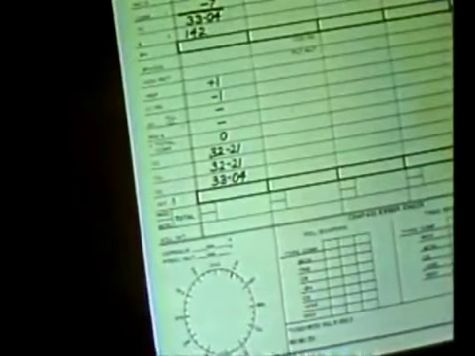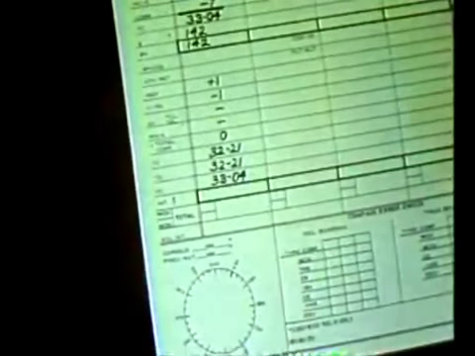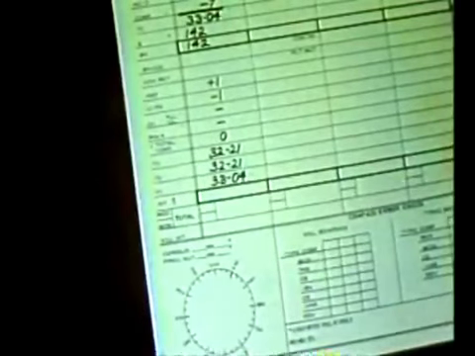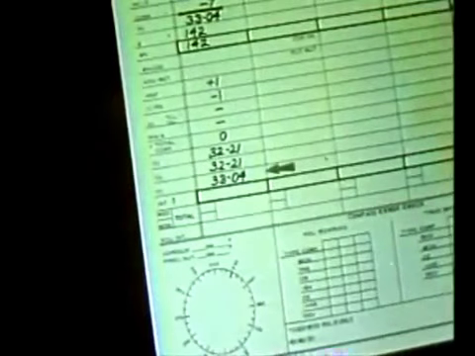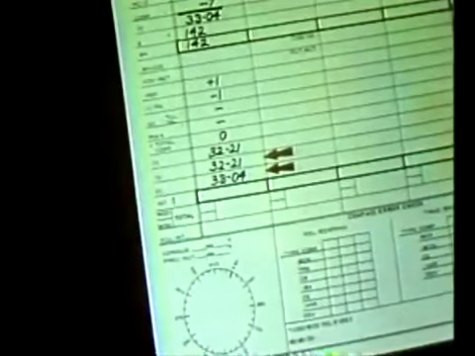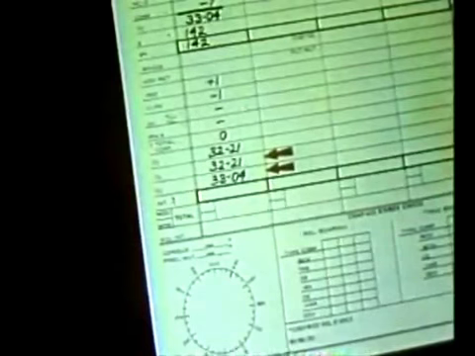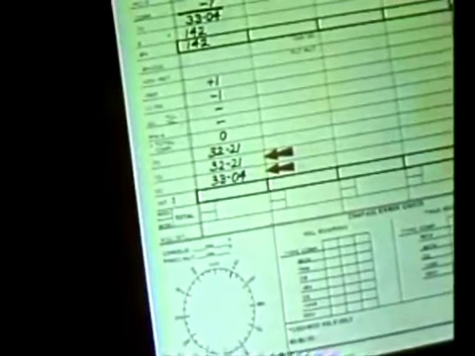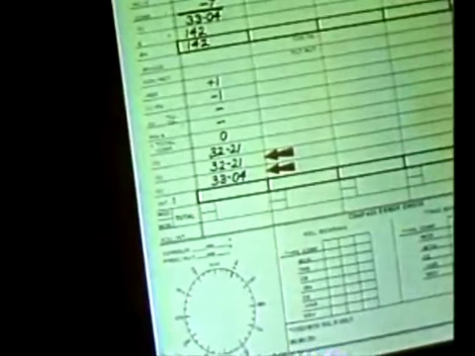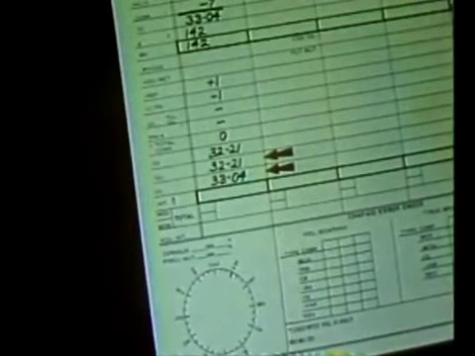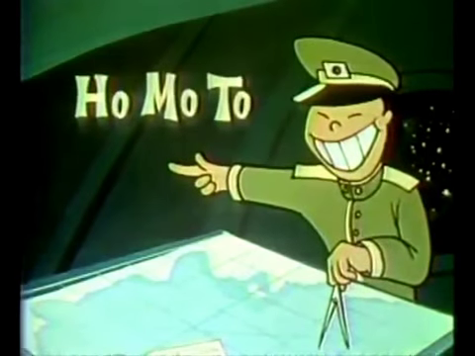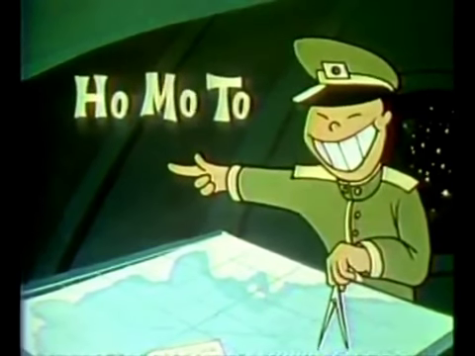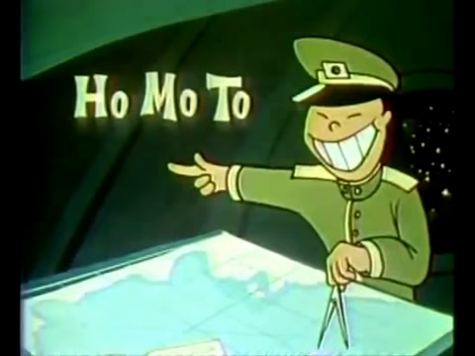Okay, now let's turn back to your sight form. Insert Zn. All the other figures should also have been entered. Now all that's left is to compare HC with HO to determine the intercept distance, and whether you are actually away from or toward the observed celestial body from your assumed position. Remember Ho-Mo-To, the happy Japanese navigator. His name is printed right on your sight form.